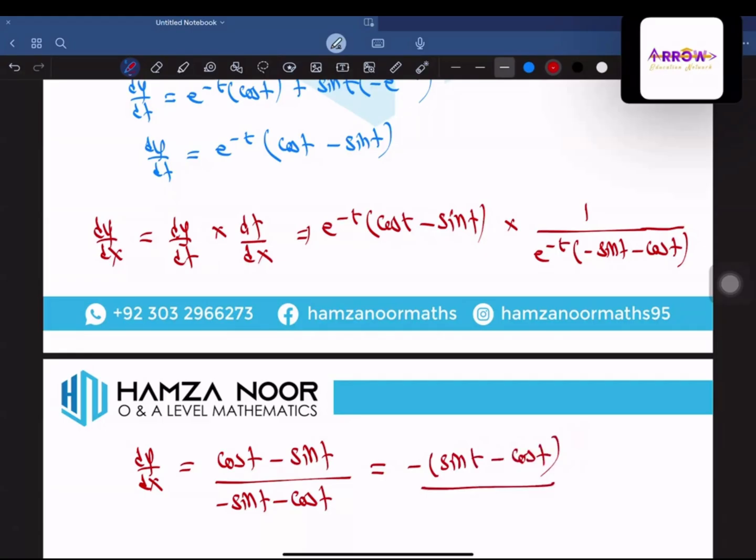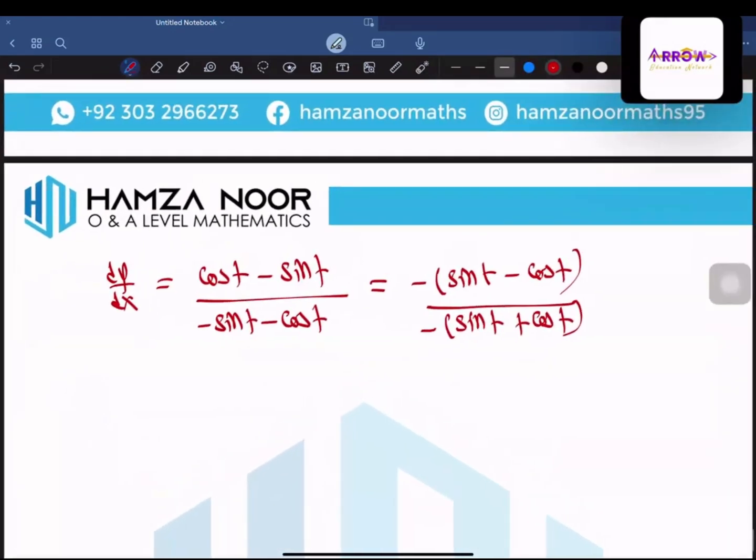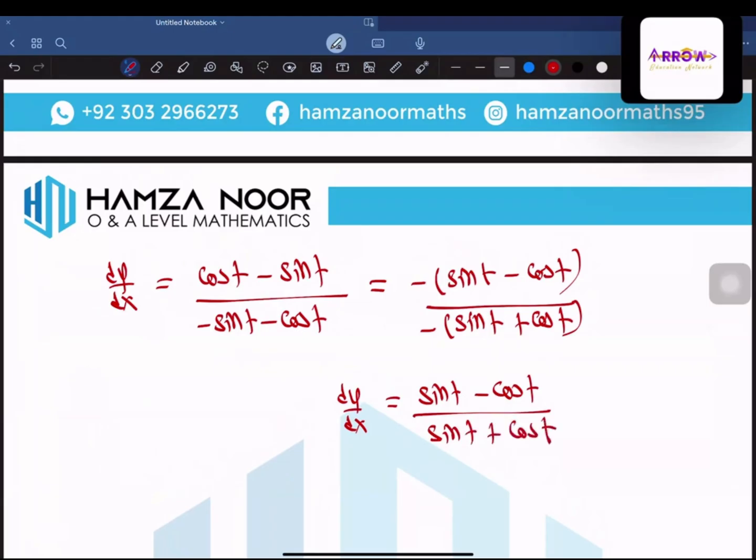And upon taking the minus sign as common in the denominator, multiplied by sine t plus cos t, because we need a specific form over here, that's why I have expressed this fraction in this way. As you can see, this minus sign gets cancelled out, and therefore the dy over dx function right now is sine t minus cos t divided by sine t plus cos t.